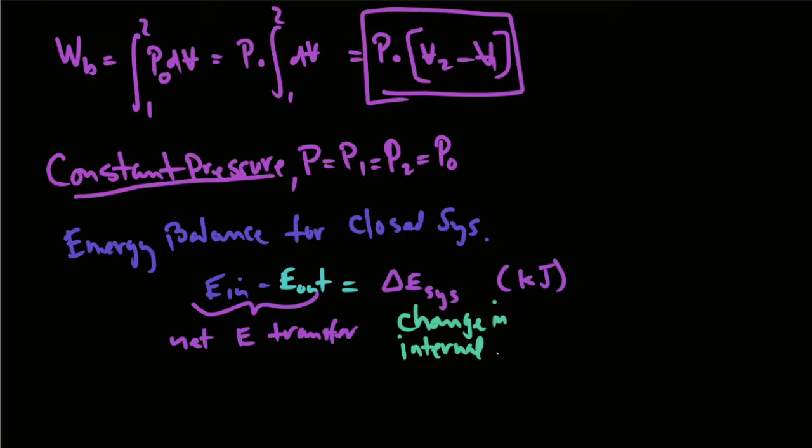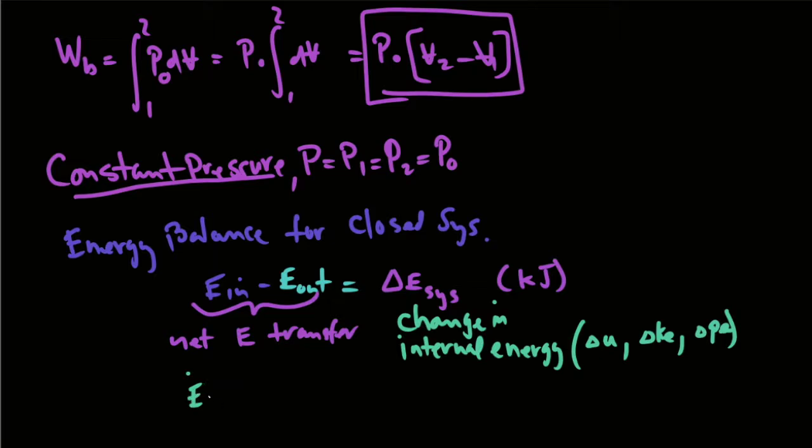So what do we mean by change of internal energy? That would include the internal energy, the kinetic, and the potential energy. It would include all those. And in rate form, we just put a little dot at the top.